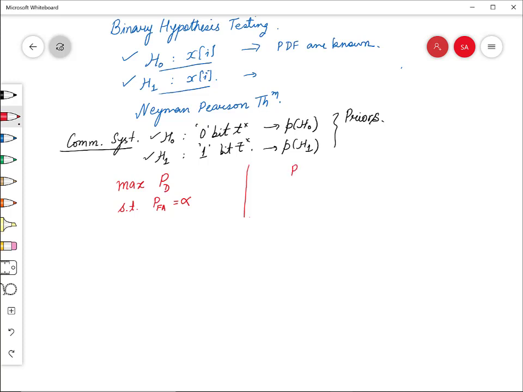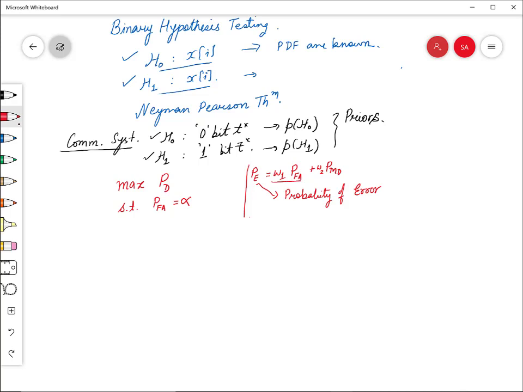The two errors are the probability of false alarm and probability of misdetection. We are going to combine them in a certain way. Let me write W1 and W2 as the weights and combine them to form a probability of error. So this is called the probability of error.